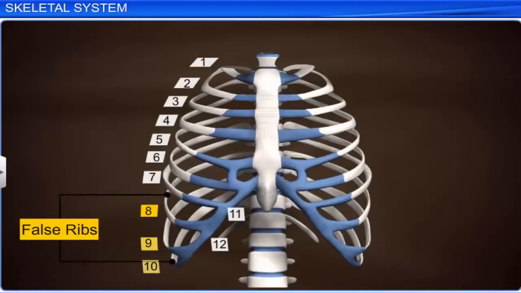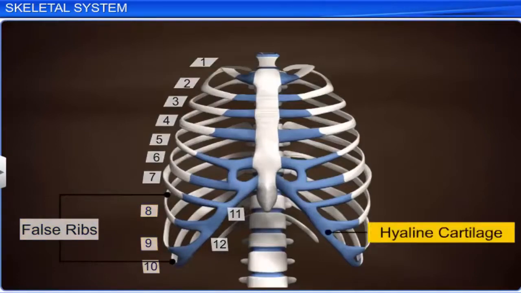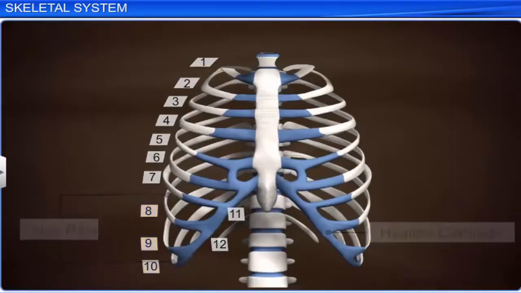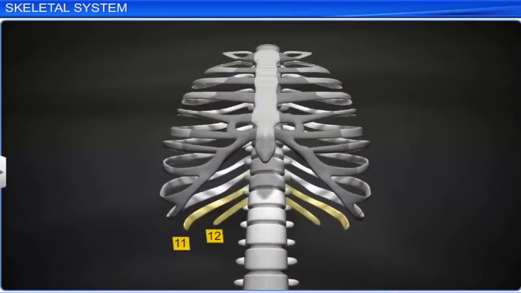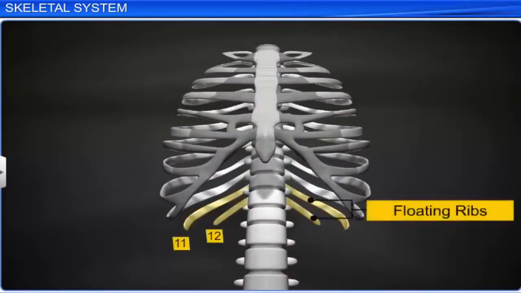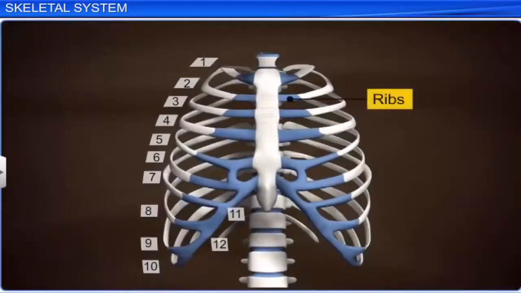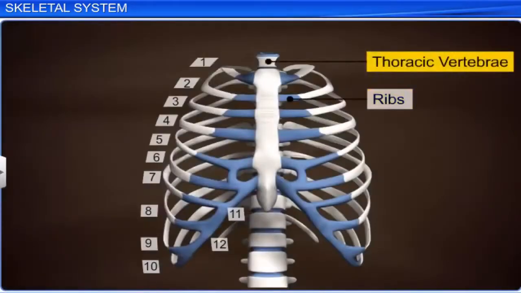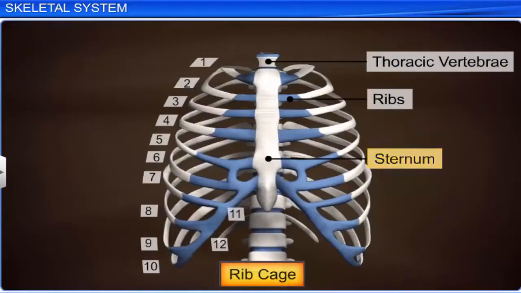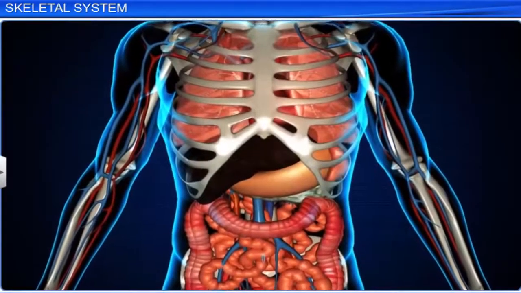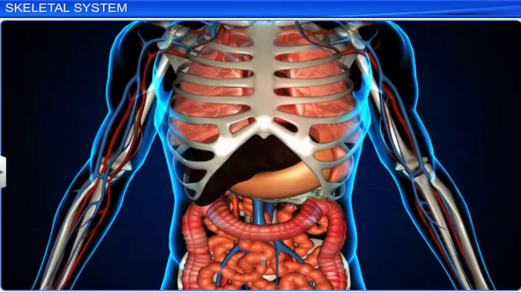These ribs are not attached directly to the sternum, but they join the 7th rib with the help of hyaline cartilage. The last 2 pairs are called floating ribs, as they are not attached to the sternum. The ribs, along with the thoracic vertebrae and sternum, form the rib cage, which protects vital organs like the heart and lungs.